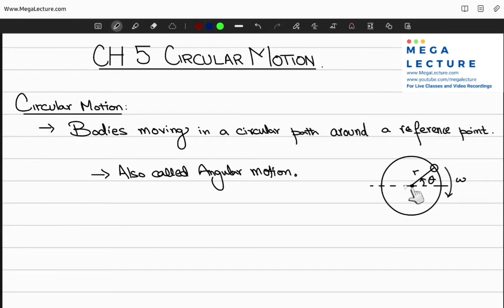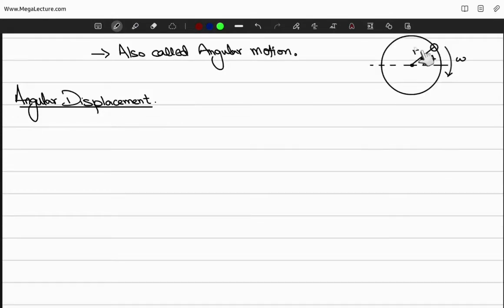Now suppose I take this line as a reference line, and the angle that this vector r is going to make with this reference line is angle theta, and hence for obvious reasons we also call circular motion angular motion. Now this angle theta essentially describes what is called the angular displacement of this body.